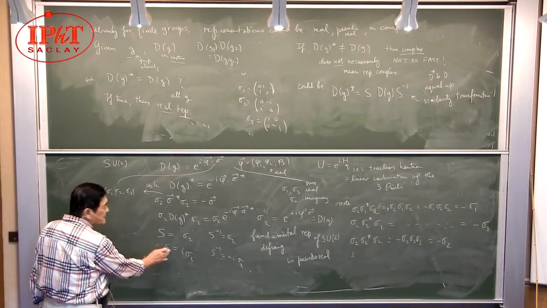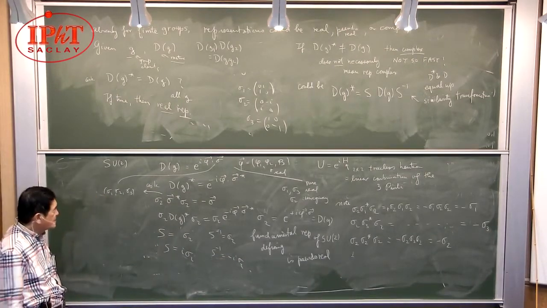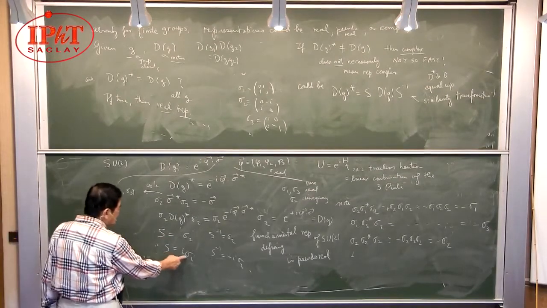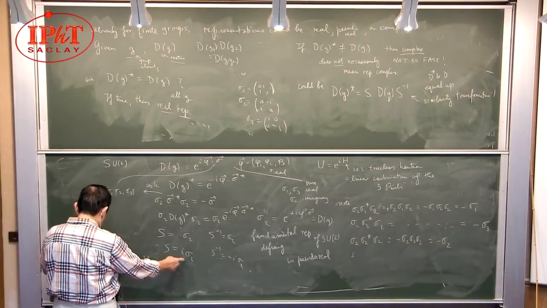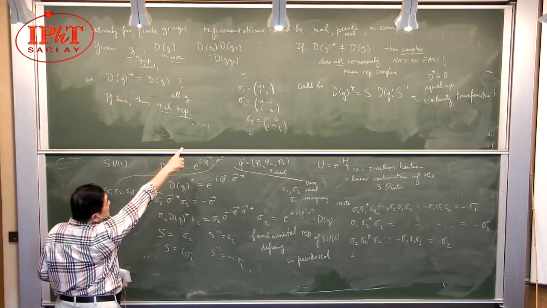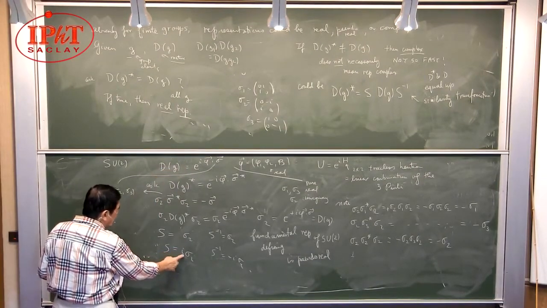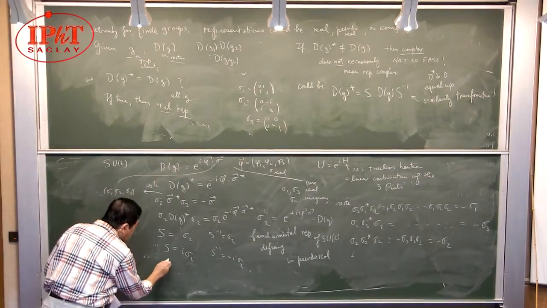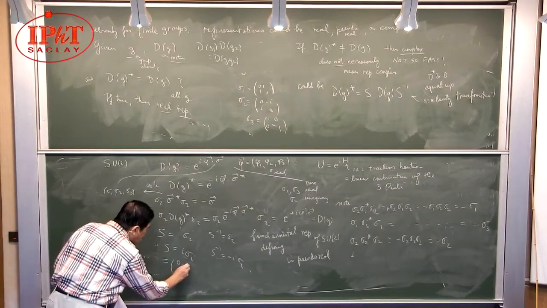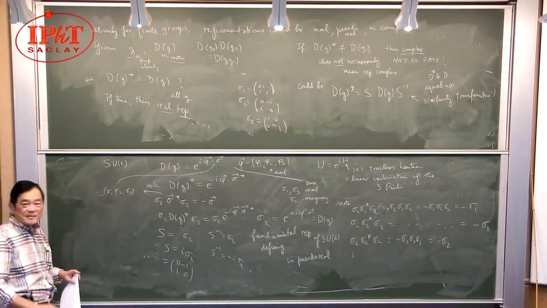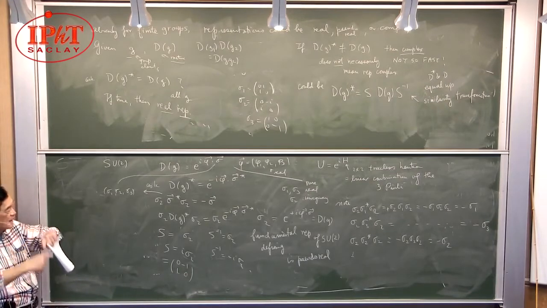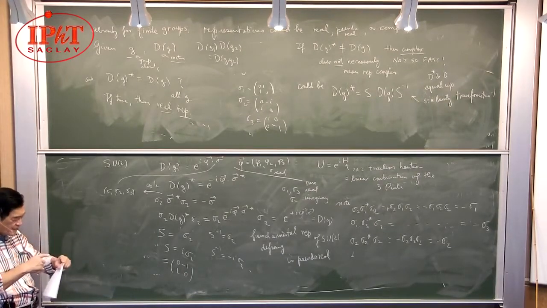So this means that there's a lot of freedom in choosing S, and so different authors sometimes use different conventions. And you can see from the definition of sigma 2 there, if I multiply by i, then S becomes (0, 1; minus 1, 0). So the similarity transformation is just exchanging the upper component with the lower component of the spinor, and with a minus sign.